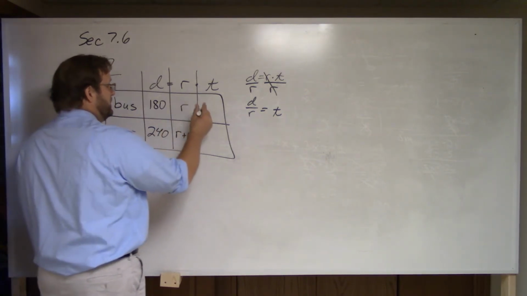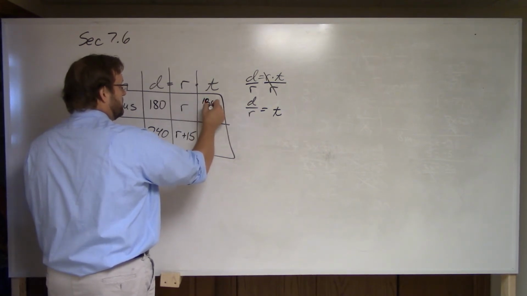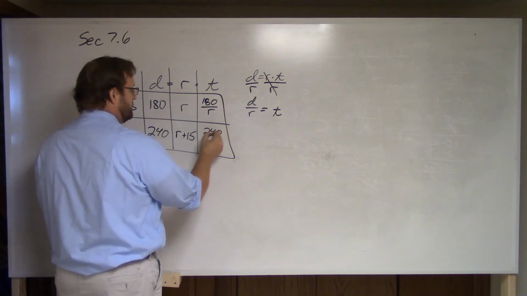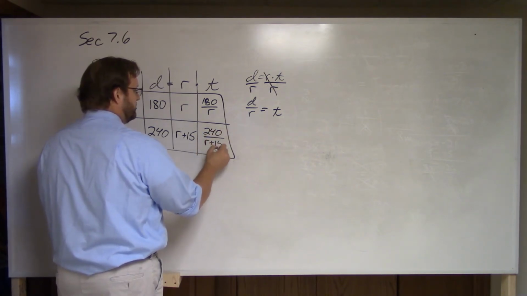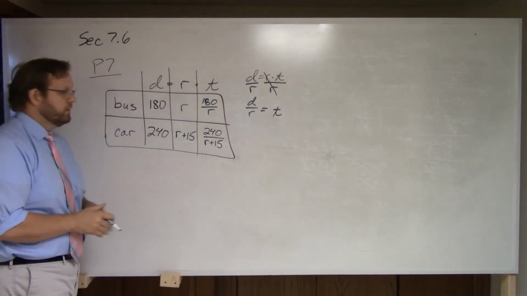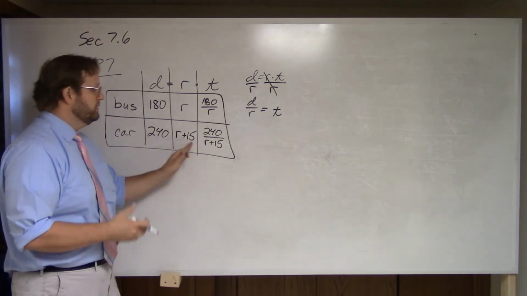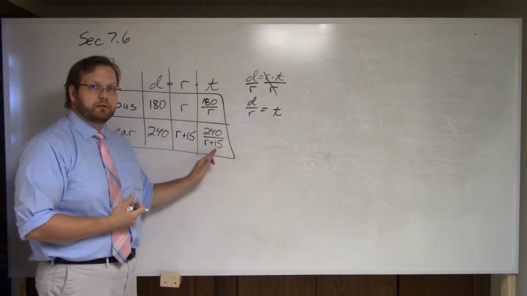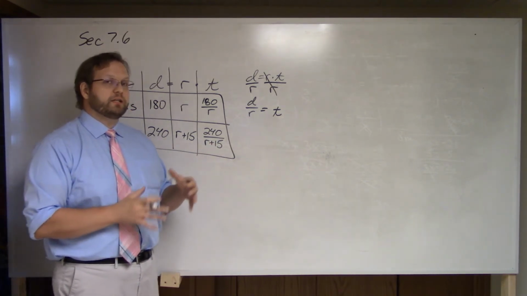The time is the distance over the rate. Given, described, we build this using the other 2. Now that thing we build is typically going to be where we find our equation.